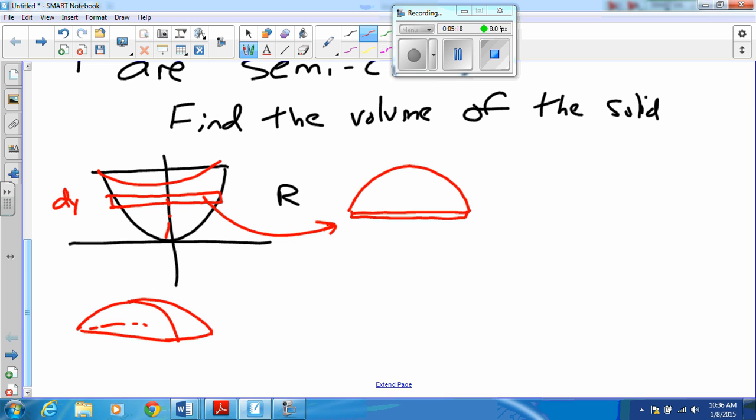So the question then is, how are we going to think about volume? The way that we're going to think about volume is that if I literally have a semicircular shaped wedge, like so.